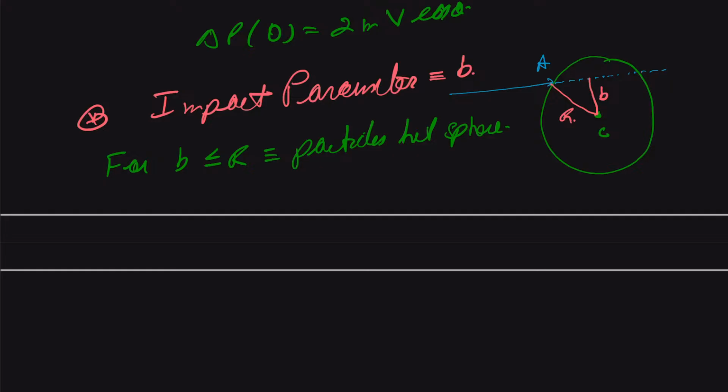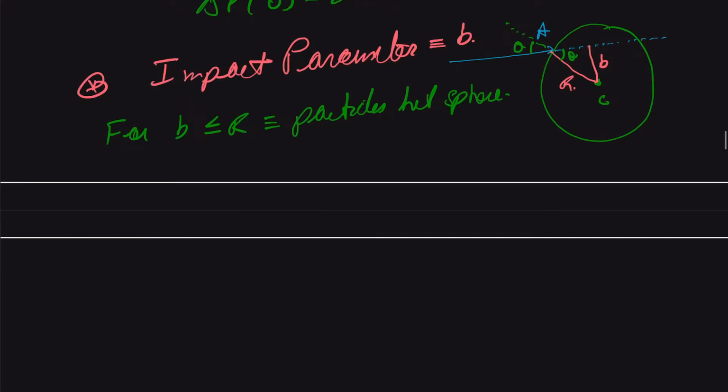If we extend this on the other side, let us suppose this angle is theta, so this angle will also be theta. And if our b is greater than R, the particles miss the sphere. So this is called the impact parameter b.